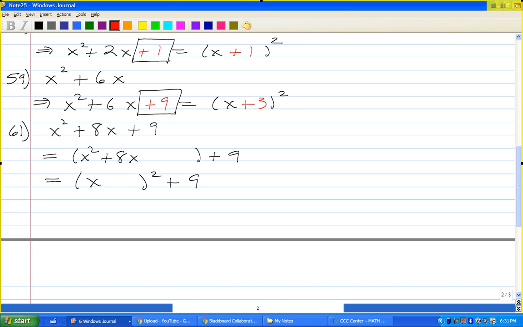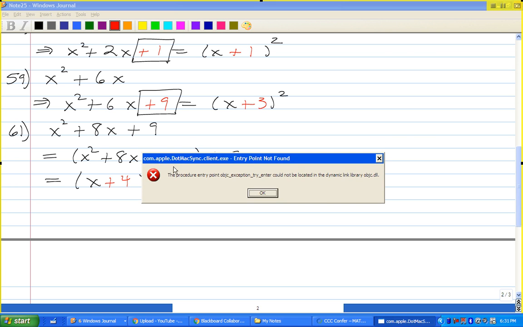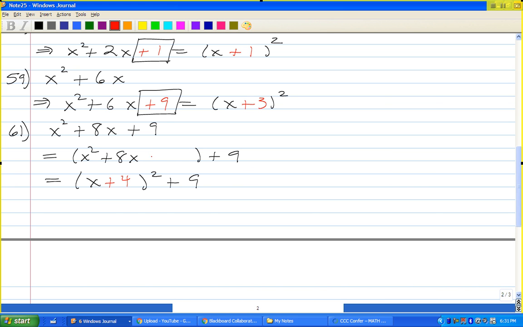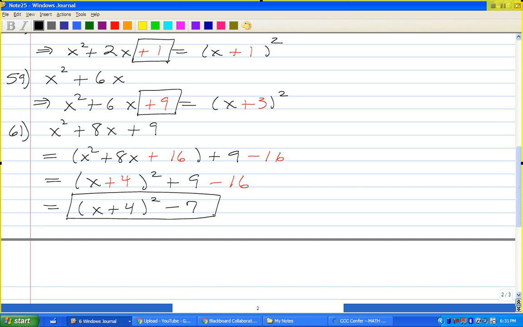This gives me 4. 4 squared is 16. And so I'm going to add and subtract 16 so that I do not change the value of the expression. And so I get that this is equal to x plus 4, quantity squared. 9 minus 16 is negative 7. And I have completed the square.